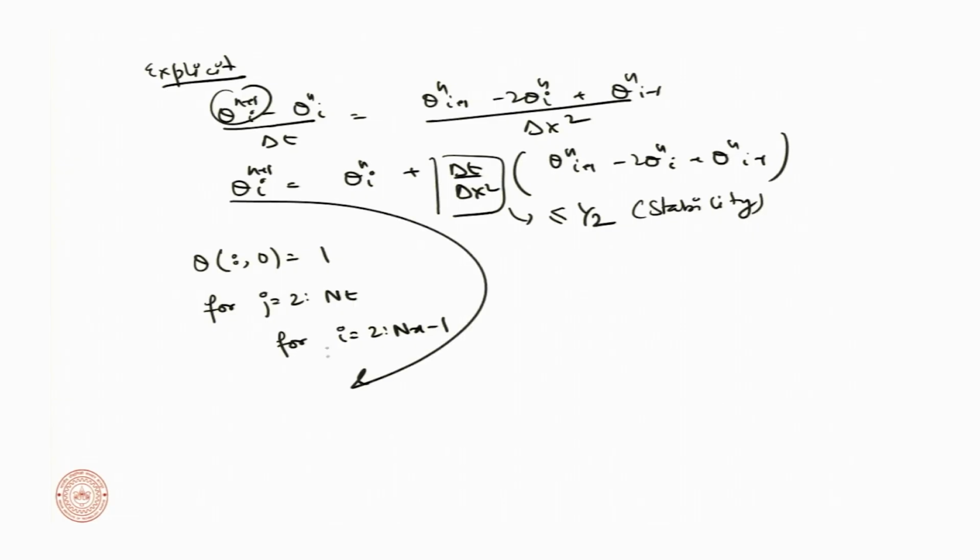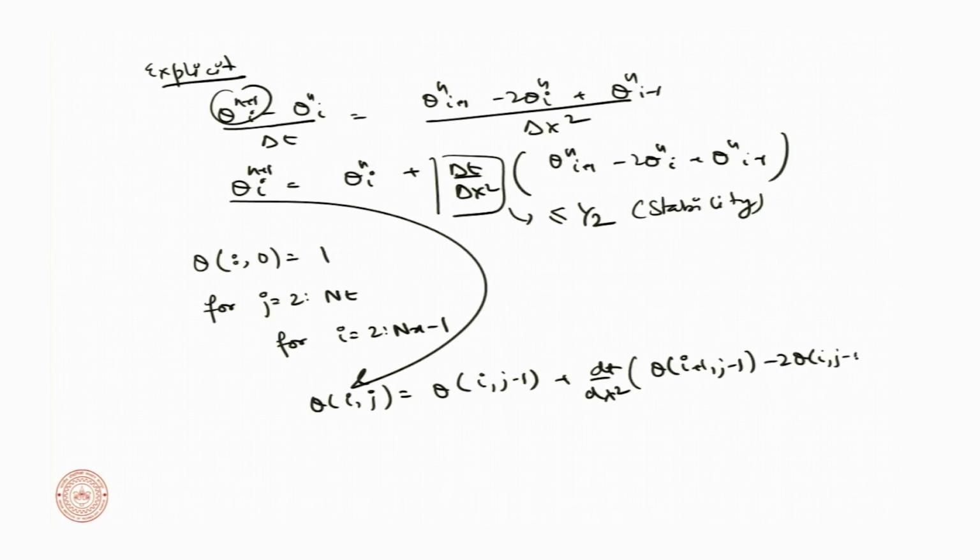We can put up this expression over here: theta i j is equal to theta i j minus 1 plus this dt over dx square, theta of (i plus 1, j minus 1) minus 2 theta (i, j minus 1) plus theta (i minus 1, j). This will be our expression.